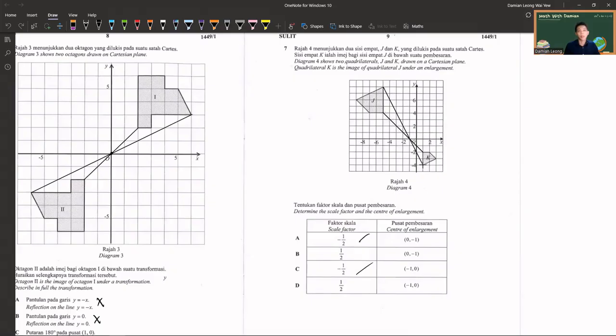Then they'll intersect at the center of enlargement, which is this point (-1, 0). So answer C.